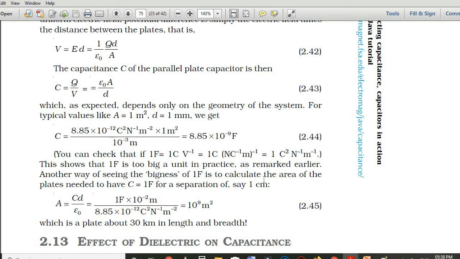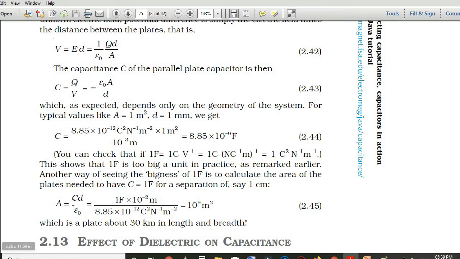Here we have taken the separation between them as 1 centimeter. In the previous case, we took the separation as 1 millimeter. Here we have taken 1 centimeter. We have the equation C is equal to epsilon 0 A divided by D. By rearranging, we get A is equal to C into D divided by epsilon 0.